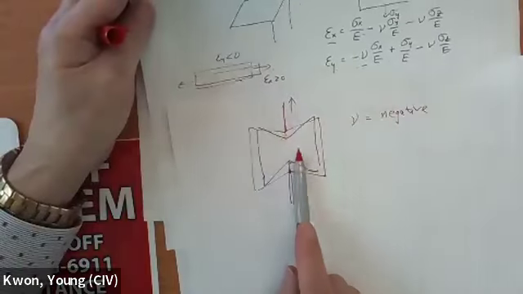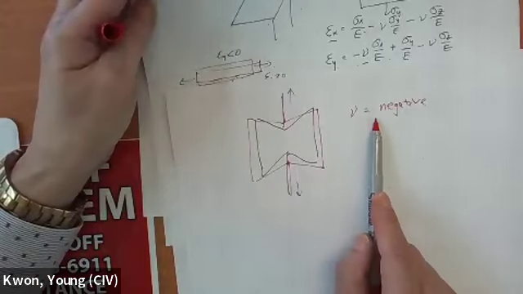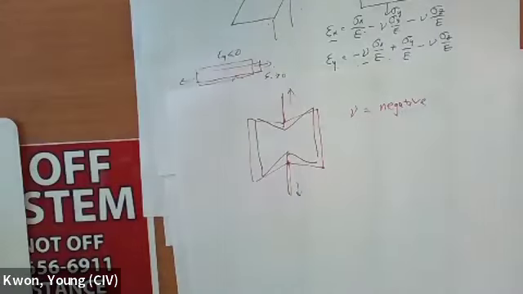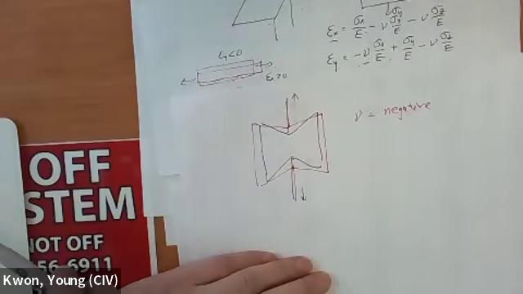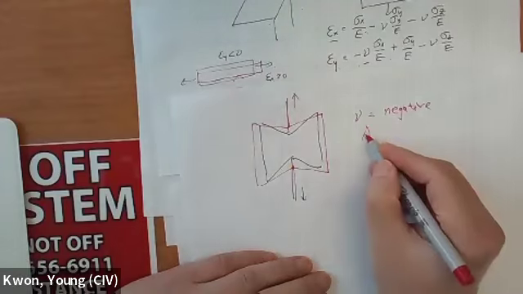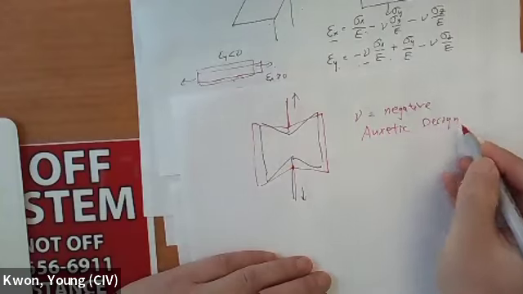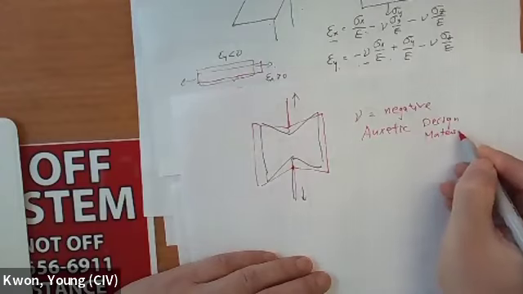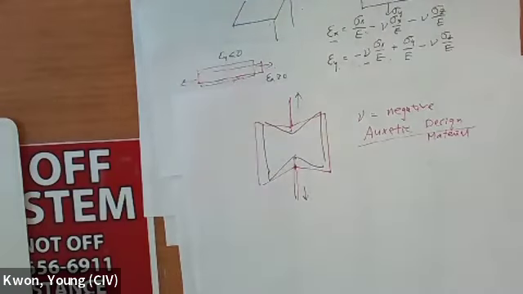So to really differentiate this one, they say this is going to be negative Poisson's ratio, even though they're expanding. Okay, based on our definition. And this is called auxetic design. They call it auxetic material, but it's not really material. That's going to be a design of geometry. So this is going to be auxetic structure. Right? Then they say negative Poisson's ratio.